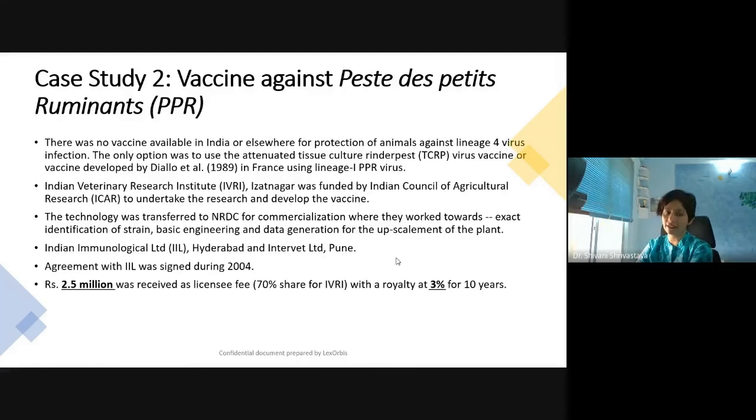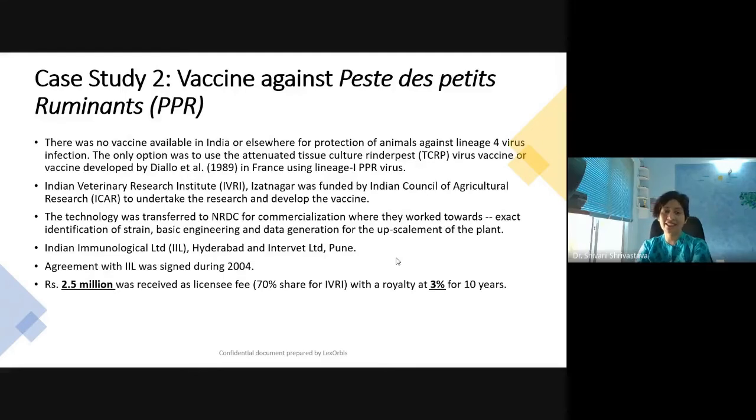They developed the vaccine. Once the vaccine was developed, it was again transferred to NRDC for commercialization. NRDC identified two companies, Indian Immunological Limited, Hyderabad, and Intervet Limited, Pune. And then the agreement was signed in 2004.